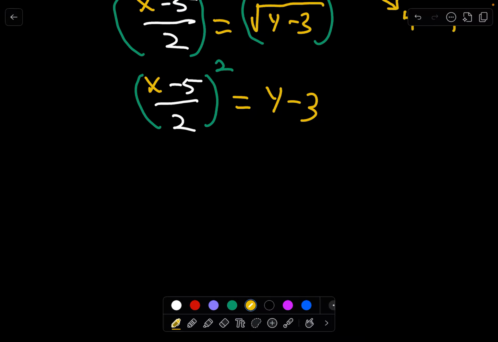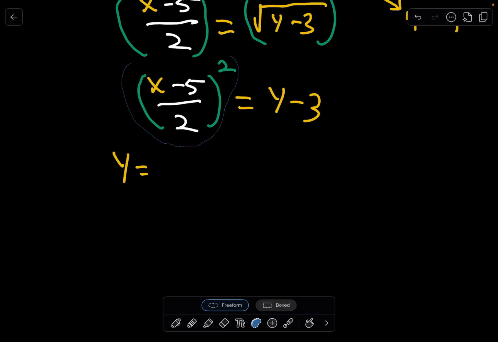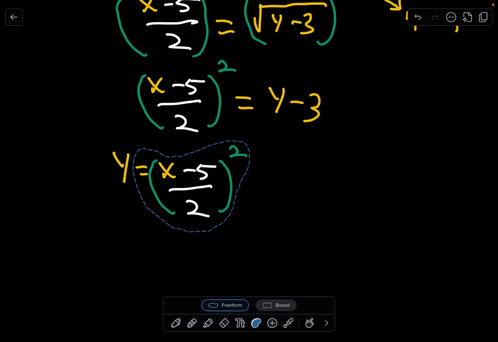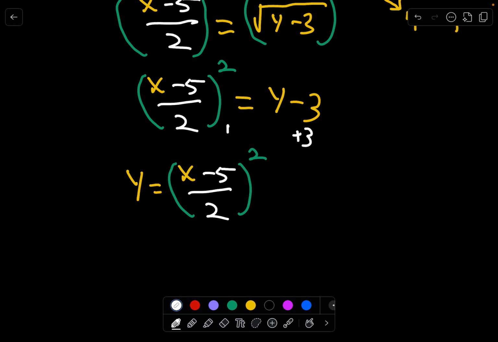Finally, add the 3, and we have y equals x minus 5 over 2 quantity squared. Plus, because we're going to drop opposites, right? Plus 3 on the outside. And this is the inverse function.